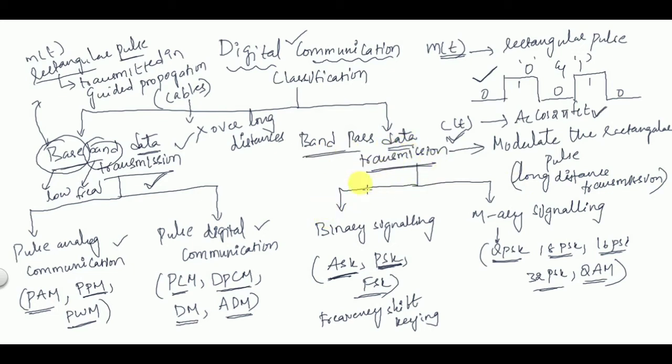So this is the major difference. In baseband data transmission, the message signals, that is rectangular pulses, are directly transmitted through cables, so it is used only for short distance communication. Similarly, bandpass data transmission makes use of a carrier to modulate the rectangular pulses, so it is used for long distance transmission. In both cases, the rectangular pulse is the message signal.